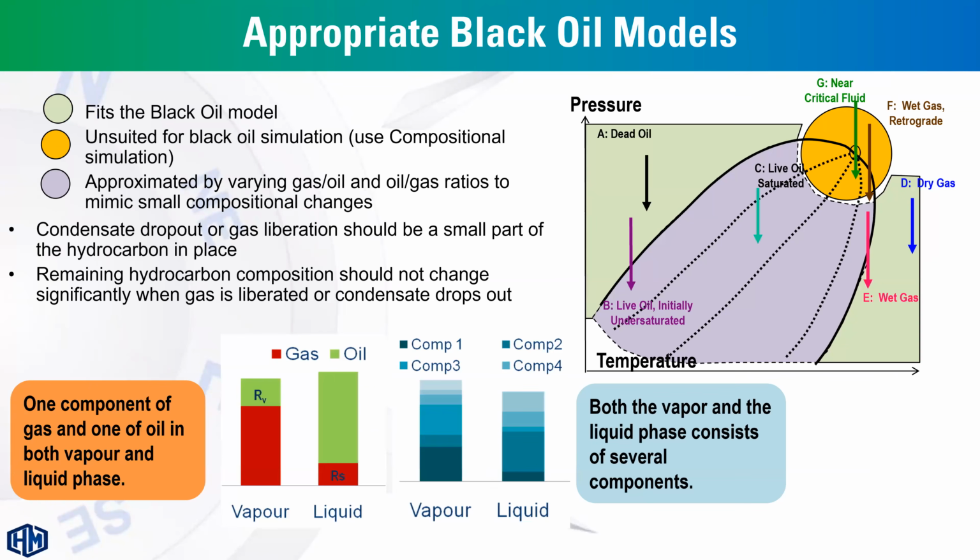This is just a comparison between black oil simulation and compositional simulation. Simply, let's consider this generic phase behavior or phase diagram. So this is the bubble point curve, this is the dew point curve, critical point here. We can use black oil simulation on this region highlighted here, which means we have mostly black oil or dead oil system, or we have dry gas or maybe wet gas system.